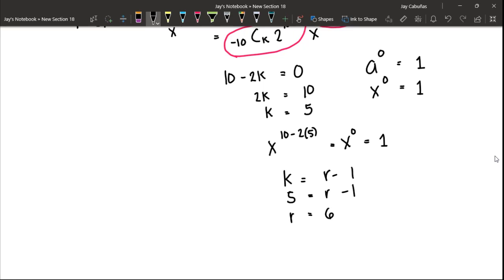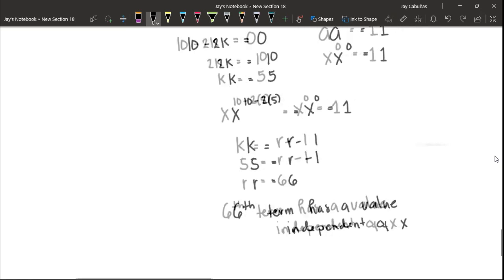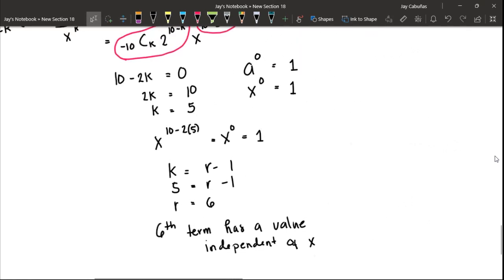So therefore, our sixth term has a value independent of x. So how are we going to check? Now, again, we can say that we have 10Ck, our k here is 5, correct? We have 2 to the 10 minus 5, we have x raised to 10 minus 2 times 5.